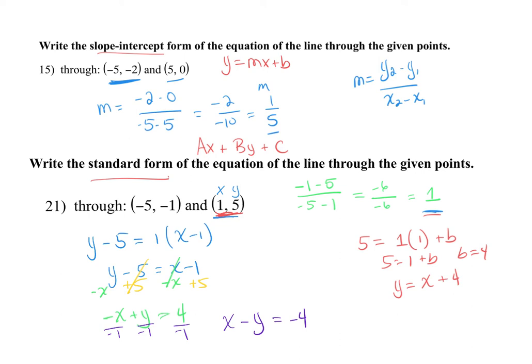If you like solving this way better, that's fine, but you still have to move your x over, right? So I still have to move that x over. Negative x plus y equals 4, and I have to do the same thing over there that I did here because I still have a negative. So I would still have to divide everything by negative 1, and I would also get this. You will always get the same answer. Whether you use point slope or slope intercept, your final answer needs to be standard form. Ax plus By equals C.